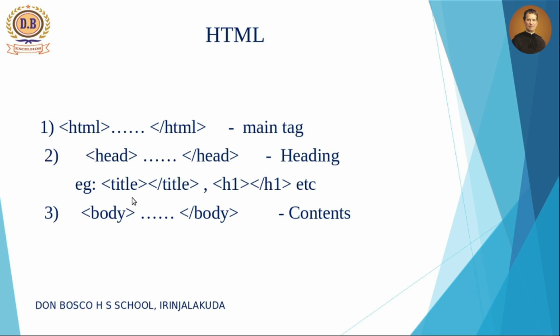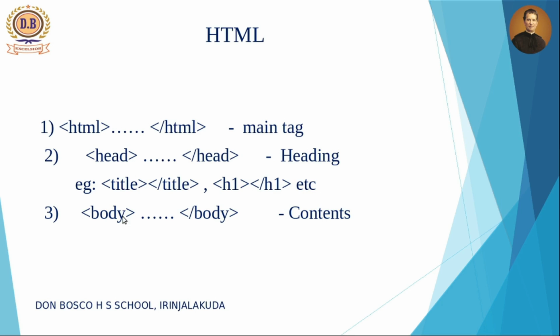Inside this head tag we can give the title for the web page. First heading H1, second heading H2, third heading H3. Like that we can provide headings inside which tag? Head tag. So here also open the tag. After writing the contents in between, close that tag using which symbol? Slash symbol. So this is the second main tag.